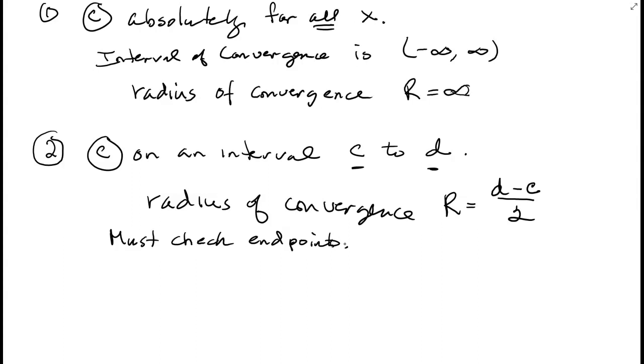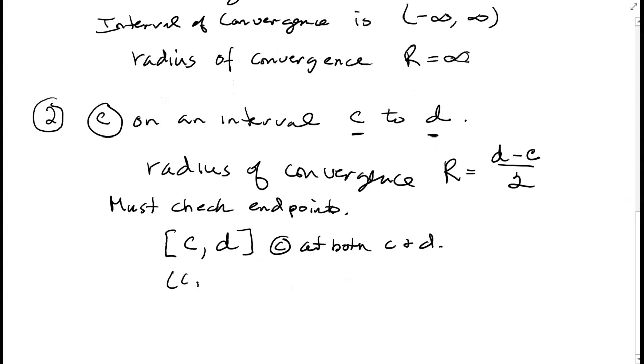We know it's converging in the middle, so we know it's converging from C to D. What you don't know is if it's converging specifically at C and at D, in which case you have to do a test. So if it looks like this, it is converging at both C and D. Then you write it this way.